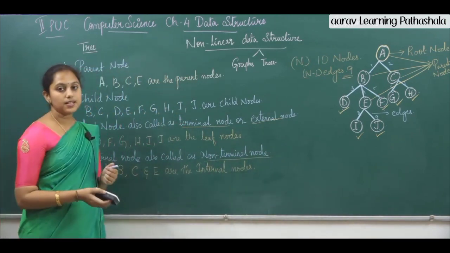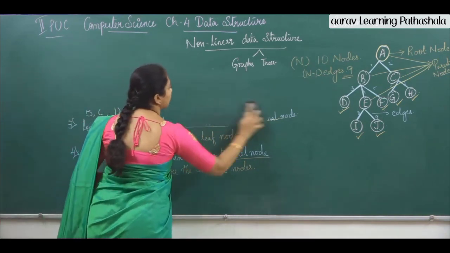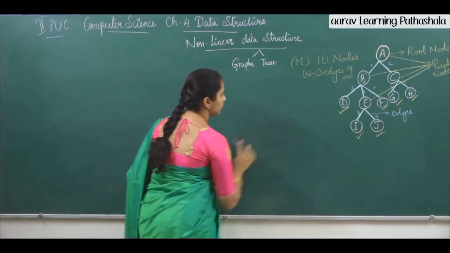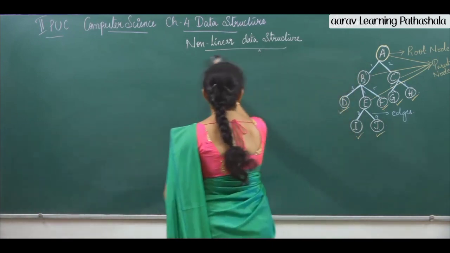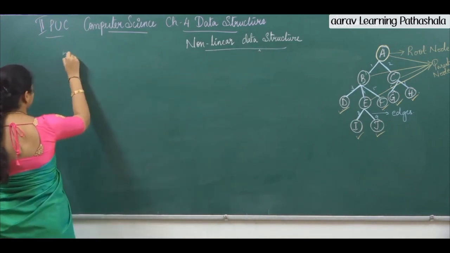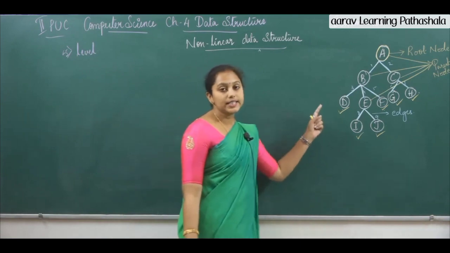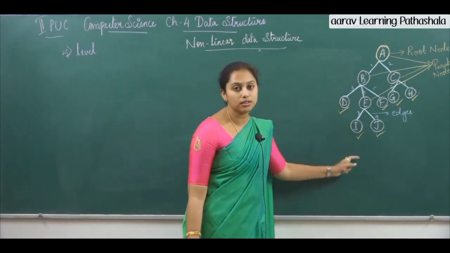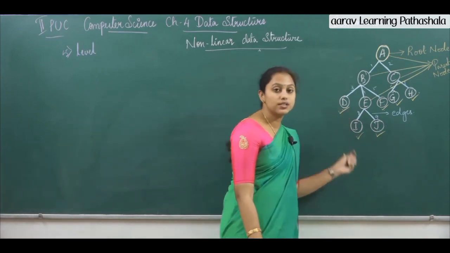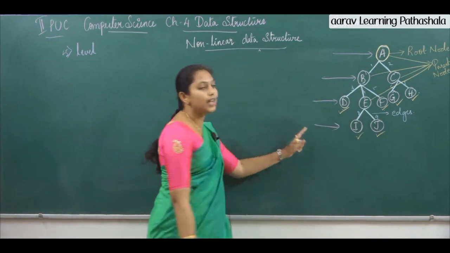So the next concept is level of a tree. In a tree, each step from top to bottom is called a level of a tree.